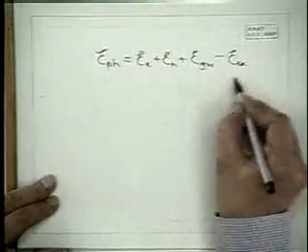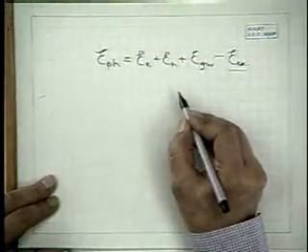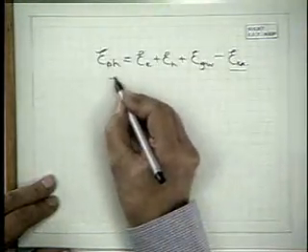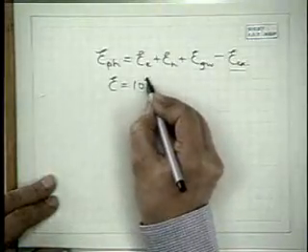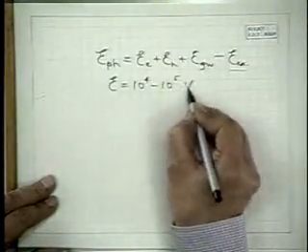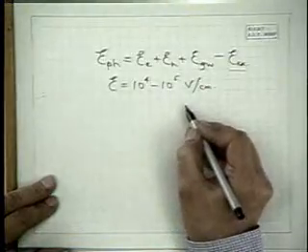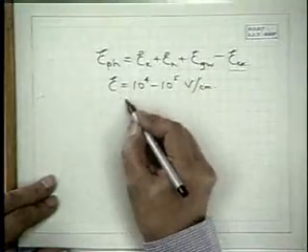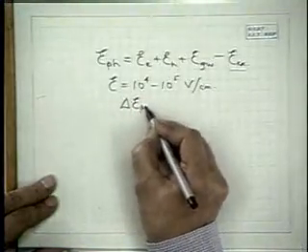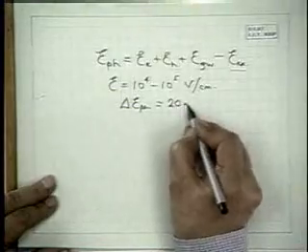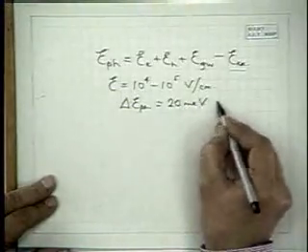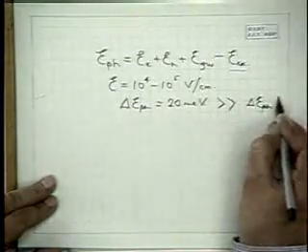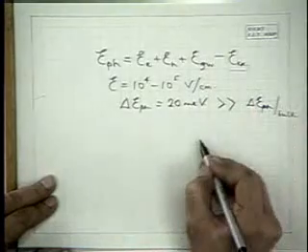This is the excitonic energy, and with an electric field 10 to the power 4 to 10 to the power 5 volts per centimeter, we have a change in delta EPH of the order of about 20 meV, which is much larger than for bulk semiconductors.